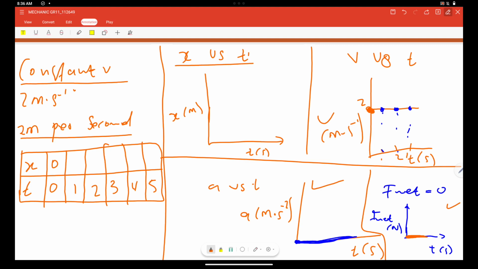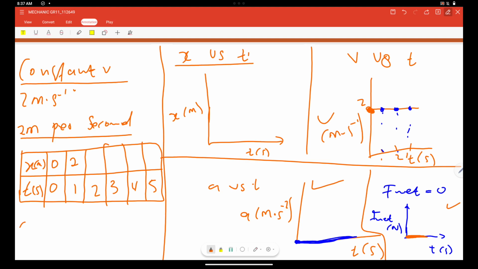If it was initially at the origin, the position will change by 2. What will be the new position? The new position will be 2 meters. It will be at a point 2 meters from the origin. A second later, the position is going to change again by 2 meters.